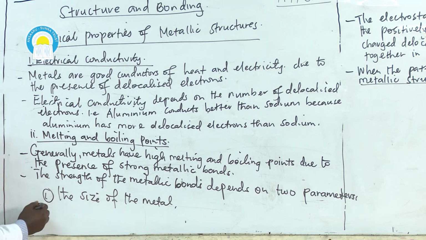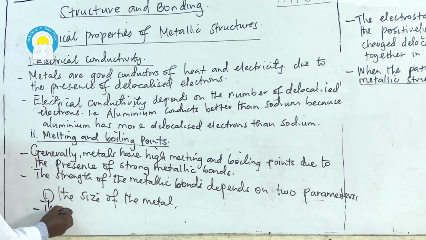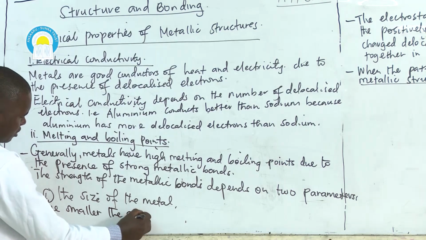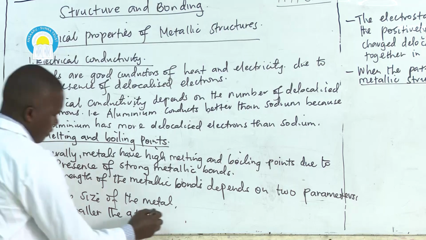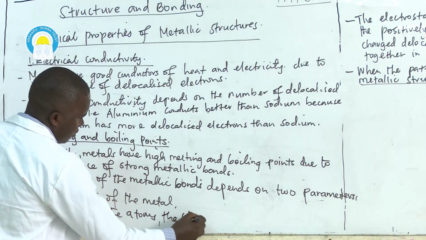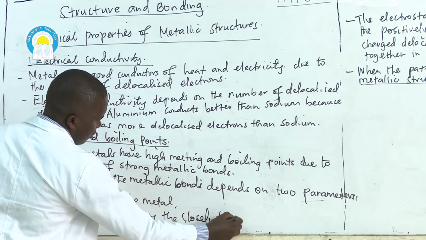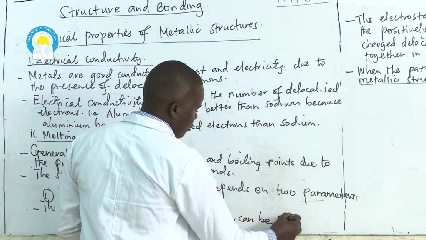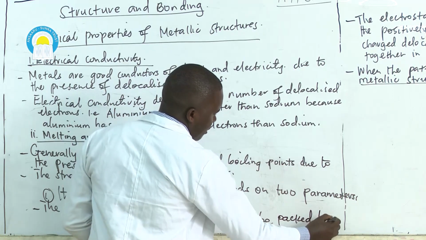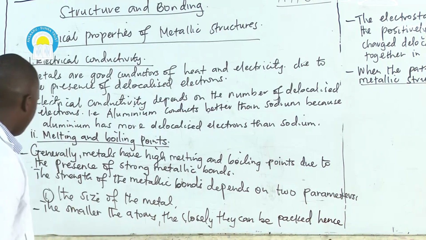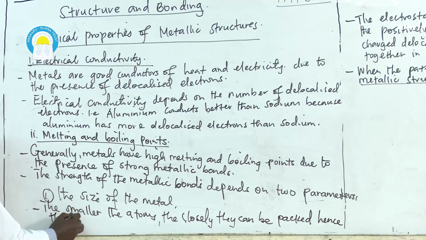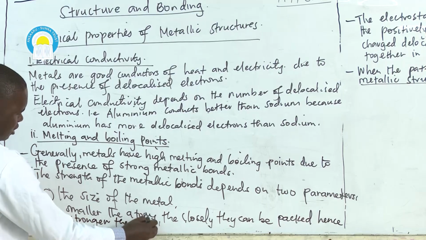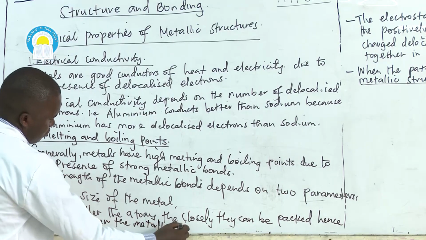So the smaller the atoms, the more closely they can be packed, hence the stronger the metallic bonds.